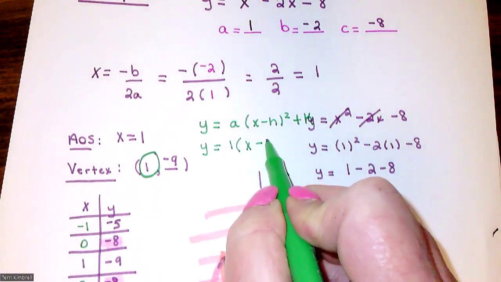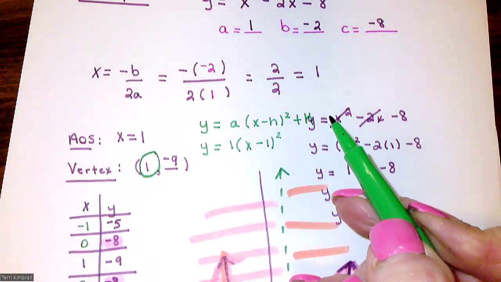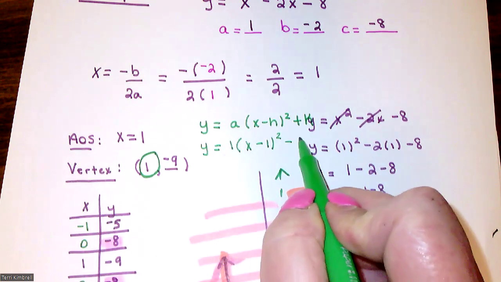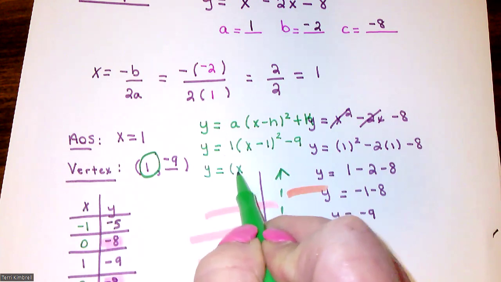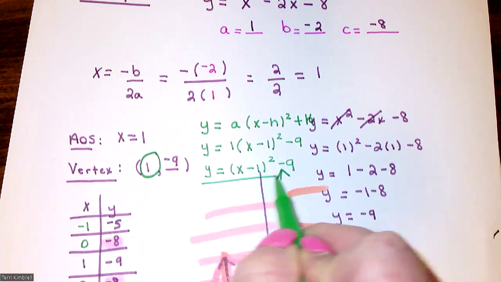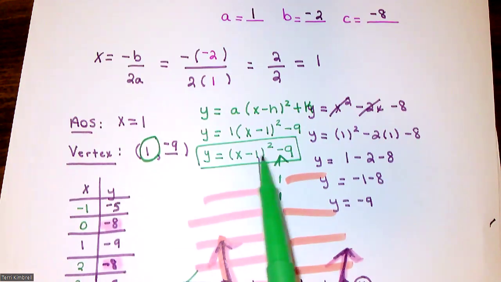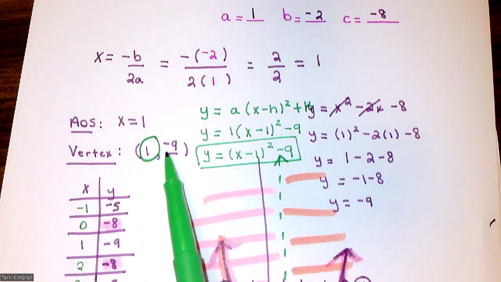So it would be x minus 1 to the second. The k is your y. So that would be your minus 9. So your vertex form would be x minus 1 to the second minus 9. So if you remember, the vertex, that inside is going to be opposite and the outside is the same.